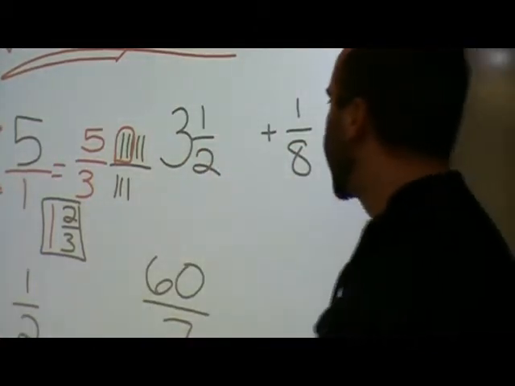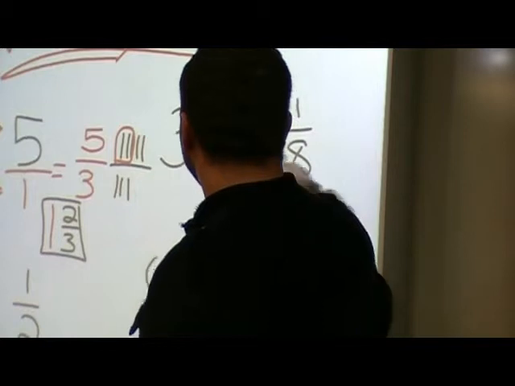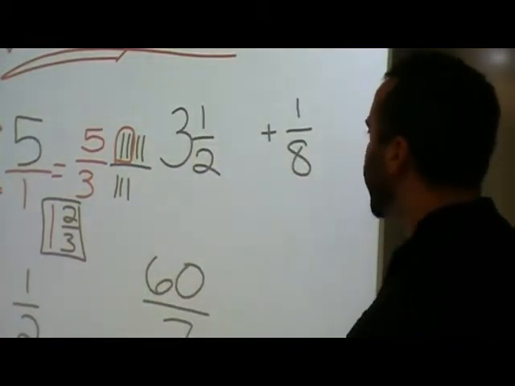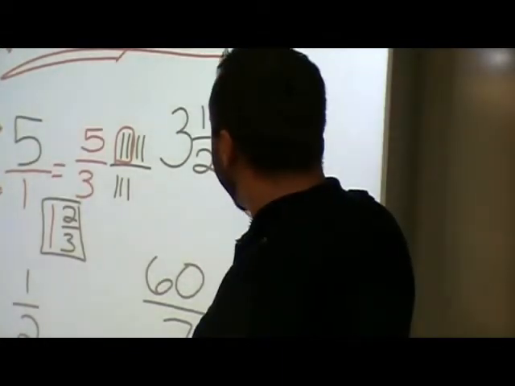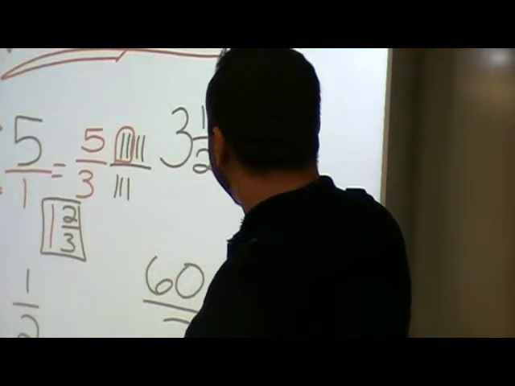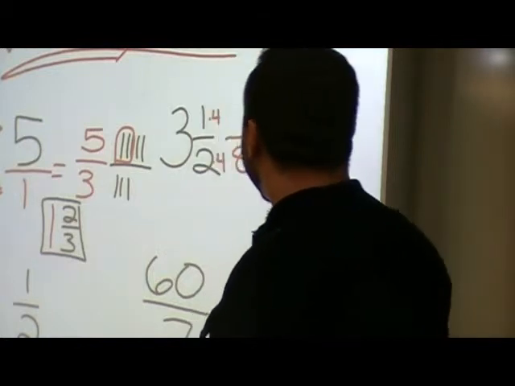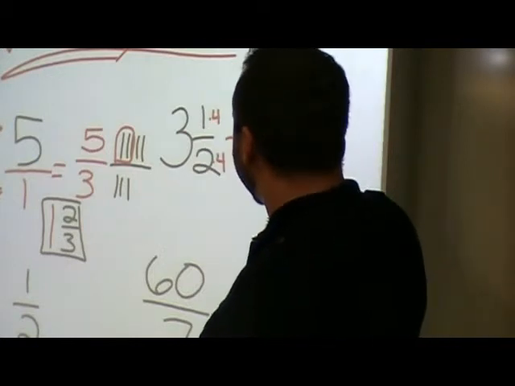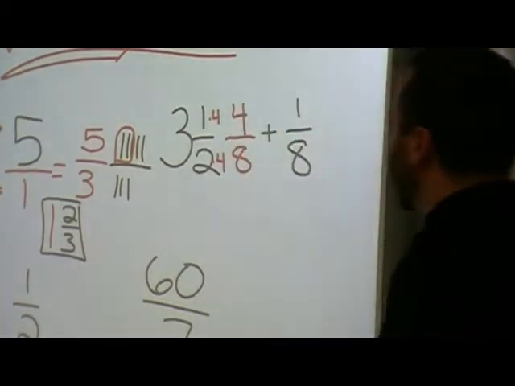which will work, okay? In this situation, we're looking for our fractions to have a common denominator. So I'm going to multiply my fraction so that they both have 8 as a denominator. 2 times 4 is 8, 1 times 4, 4.